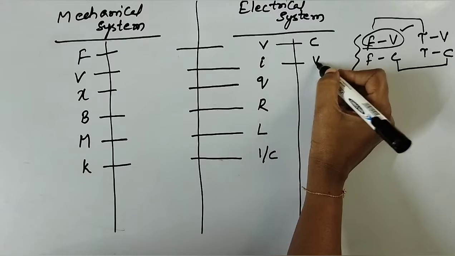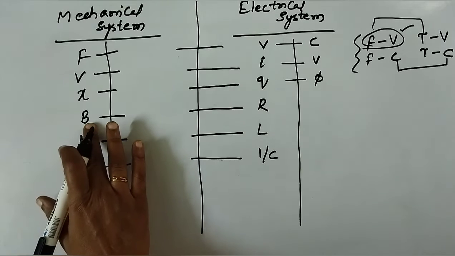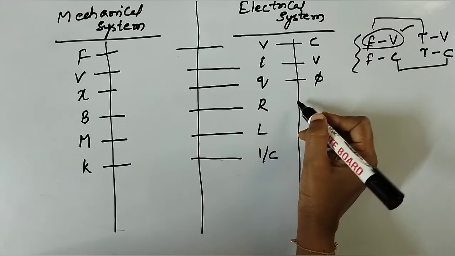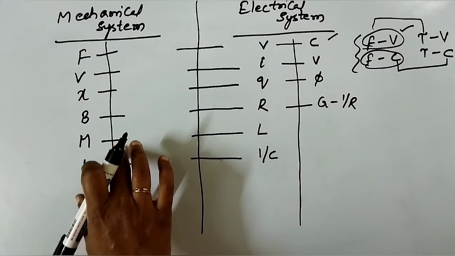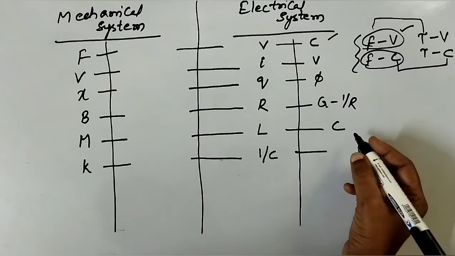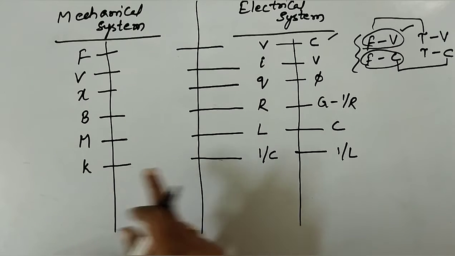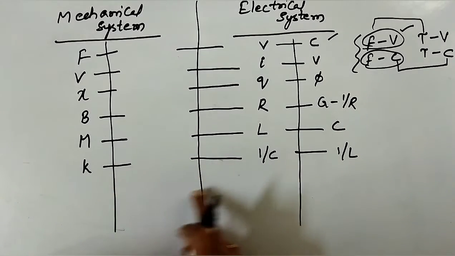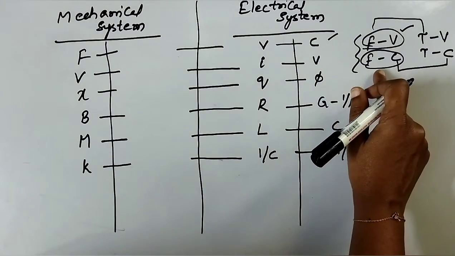The output is voltage in the electrical system, or else for displacement you can take flux. The dash pot B is equivalent to conductance G, that is 1 by R. Mass is equivalent to capacitance C, and K to 1 by L. Here the sum of the forces is equal to 0, and here we are applying KCL. If you are talking about these two, it is the force voltage analogy. If you are talking about these two, you are talking about the force current analogy.